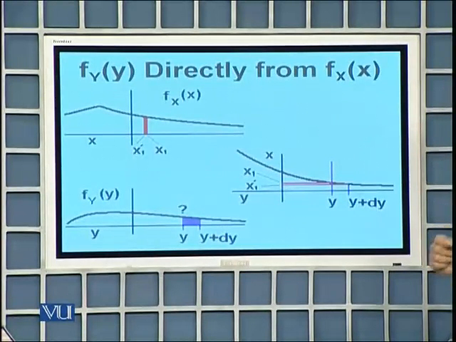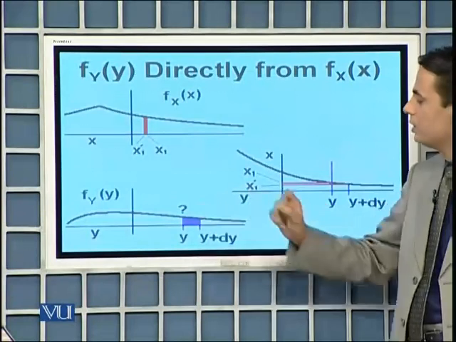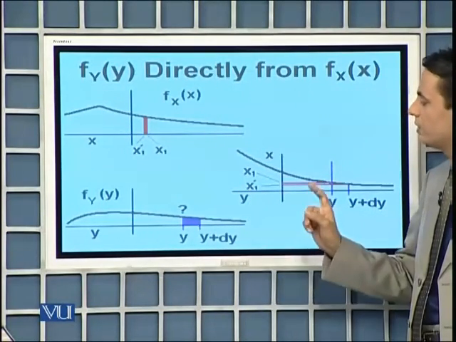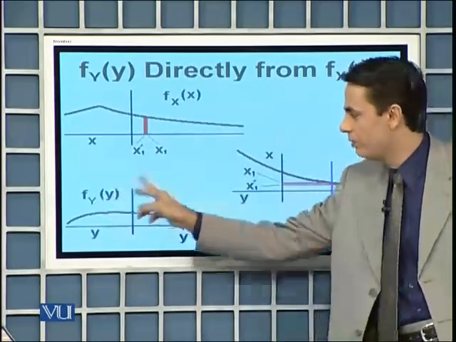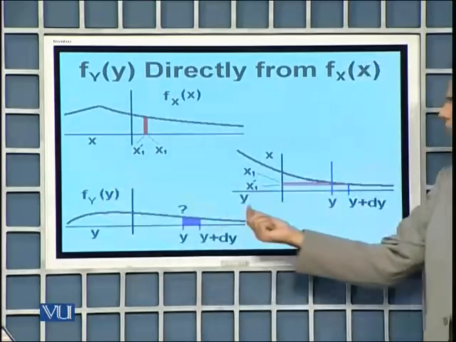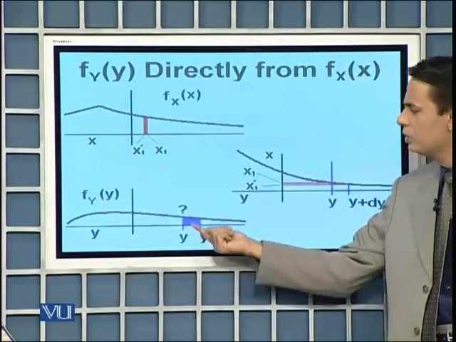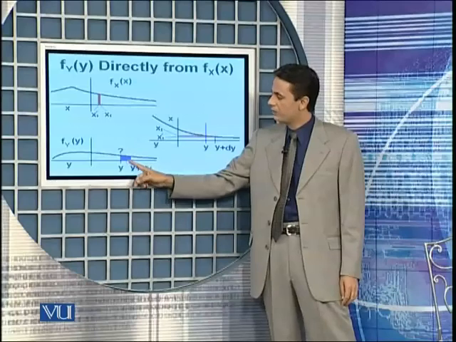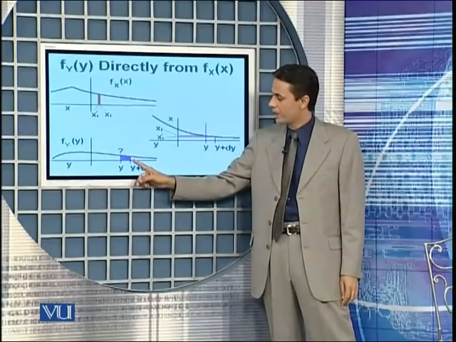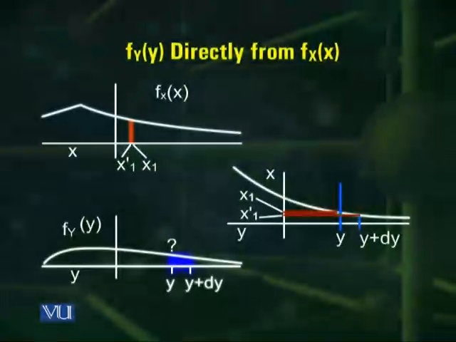scalar valued random variable. This is the unknown PDF of transformed scalar random variable y, f_Y(y). This is unknown. If we want to find the value of this unknown PDF at a certain point y, we formed an event by taking another point at y plus dy, and this is the probability of this event that y belongs to this interval.